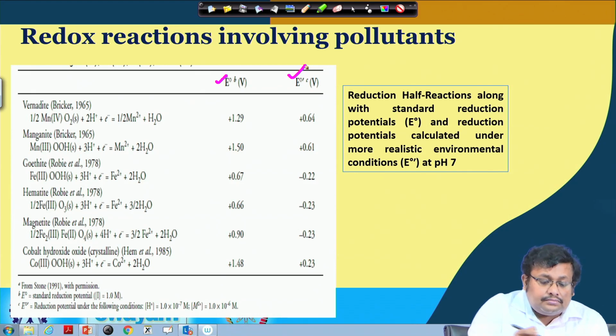It shows the reduction of Mn4 to Mn2 plus, Mn3 to Mn2 plus, Fe3 to Fe2 plus, where one is goethite, another is hematite, and then magnetite, again Fe3 to Fe2 plus, and cobalt 3 to cobalt 2 plus. So, we can see in all these cases they are getting reduced. Now let us extract some other information from this table.